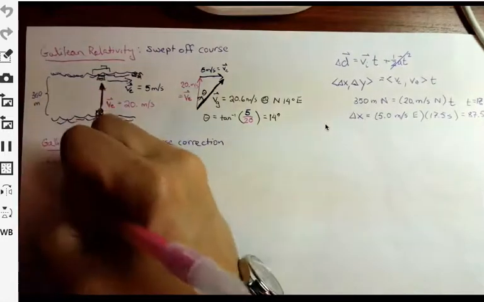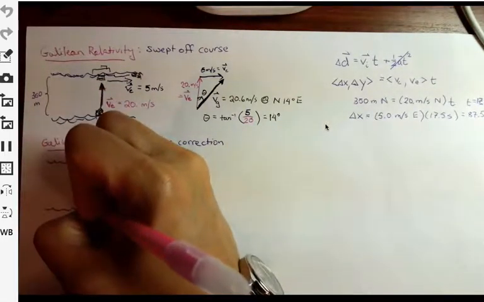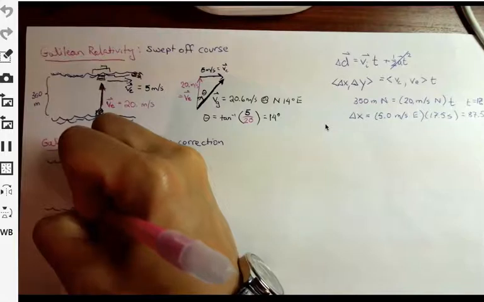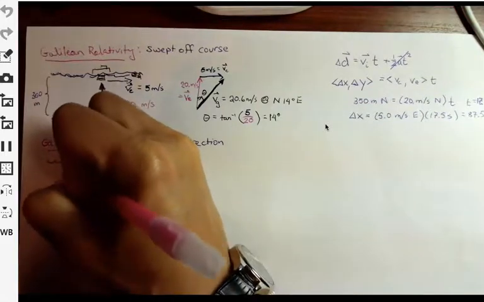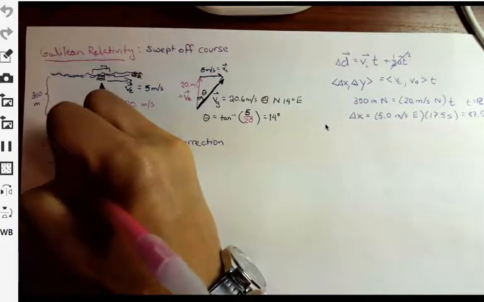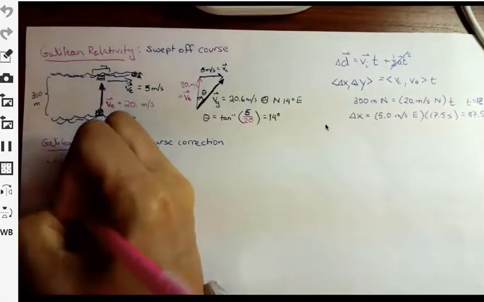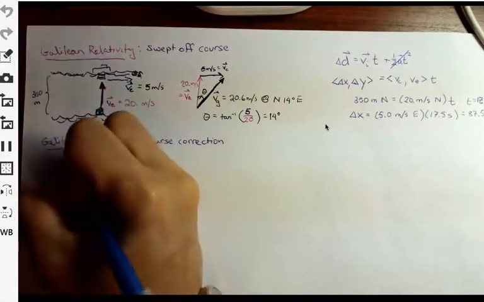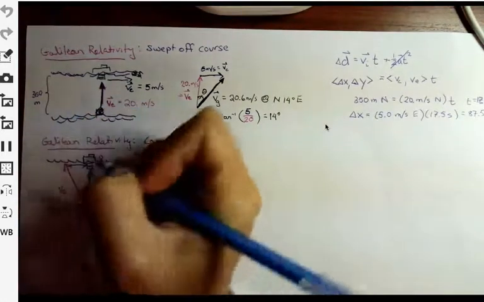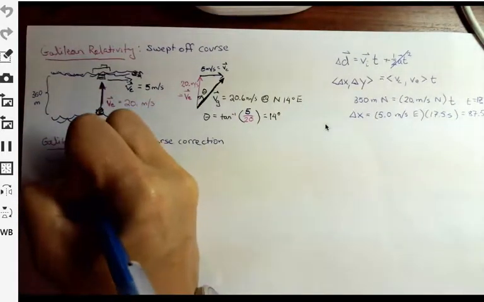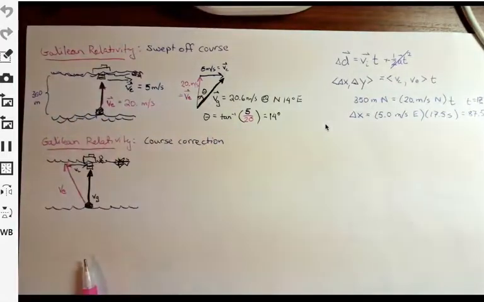That means you need to turn your boat toward the north. You need to navigate this way so that when the current sweeps you that way, it sweeps you on course rather than off course.